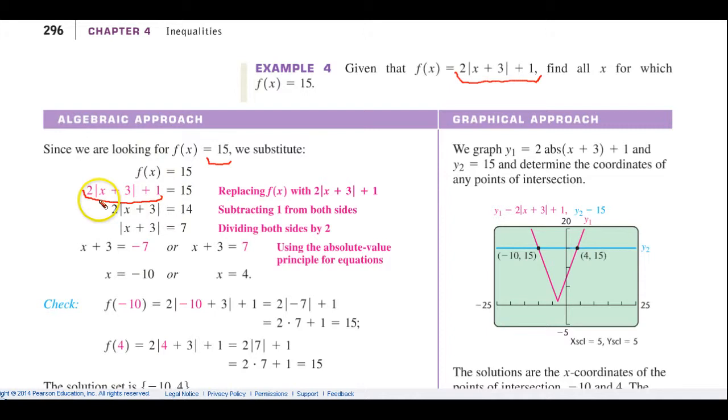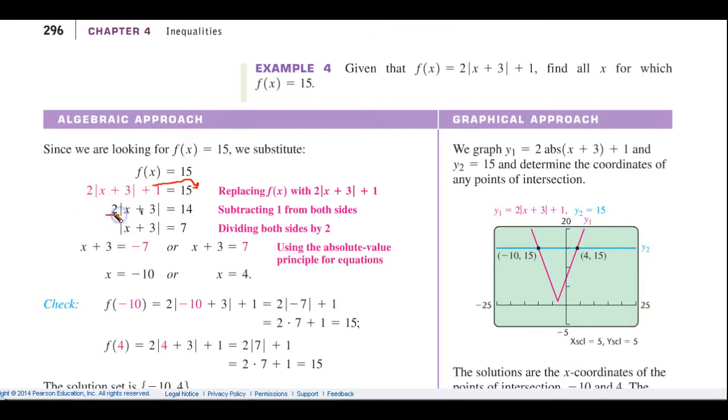That's the key of how to put this into a form that we can work. Okay, so what's the first thing we do? Well, let's clear it up first. And we have this 1 here that we have to transpose to the other side. So we want to isolate our absolute sign. So we subtract 1 from both sides, we get 14. Now we have this 2 outside the absolute sign.